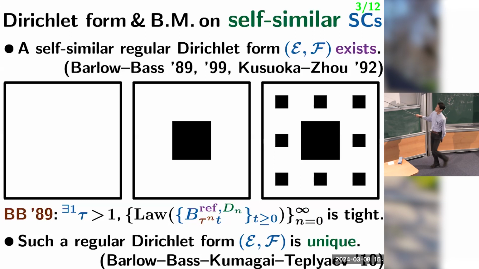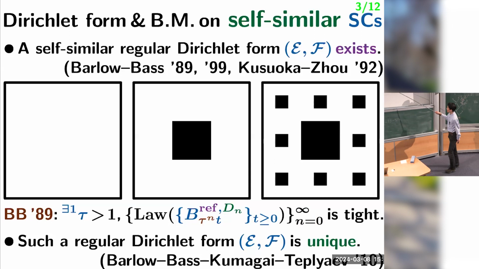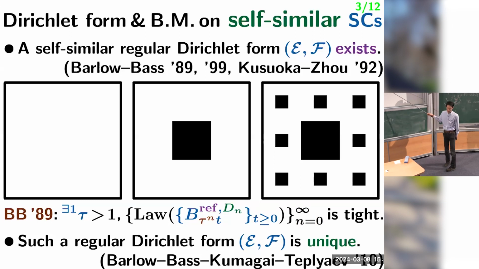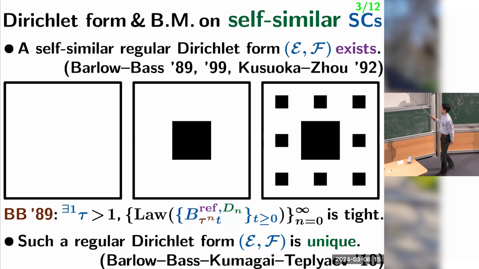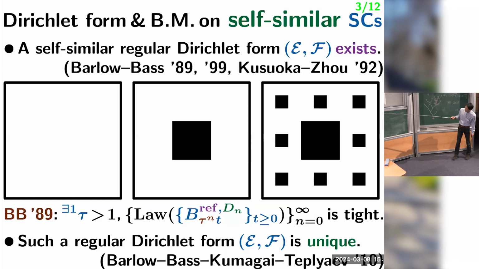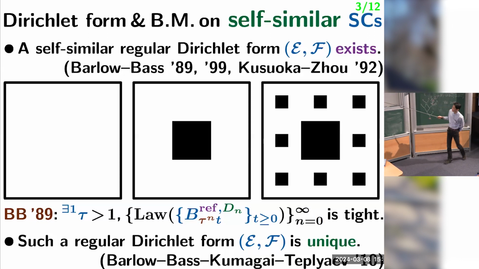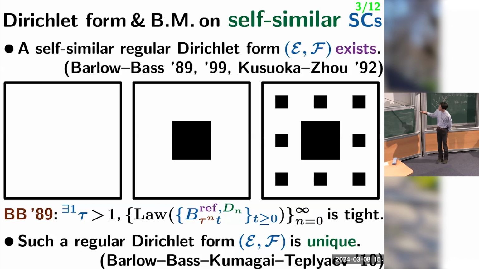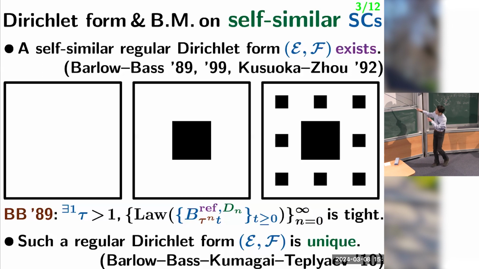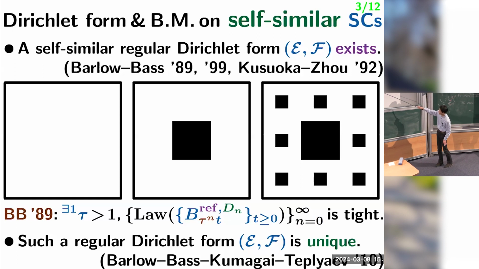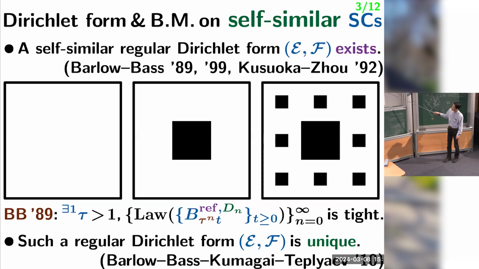And they showed that this sequence has at least subsequential limits, which are non-trivial. So in this way they constructed some limit diffusion on the Sierpinski carpet. And now it's known that with some slight adjustment of the scaling, this sequence converges to a unique limit.